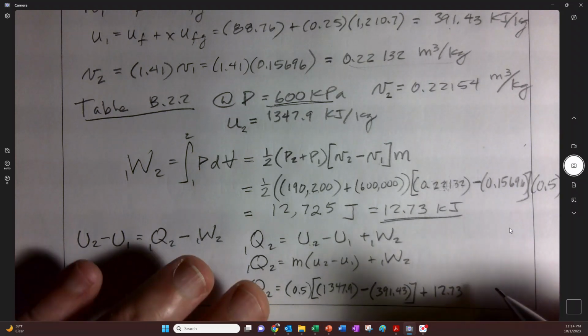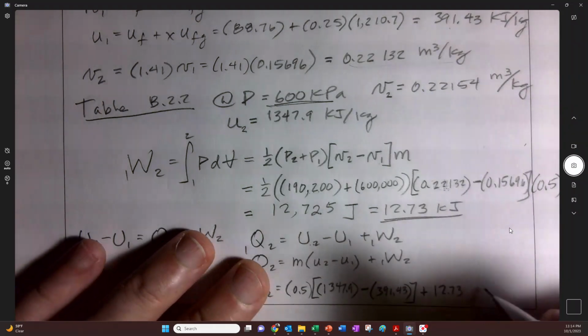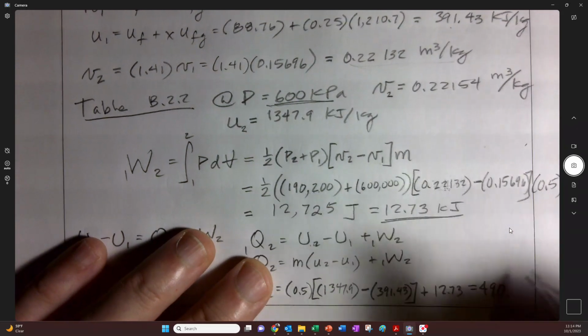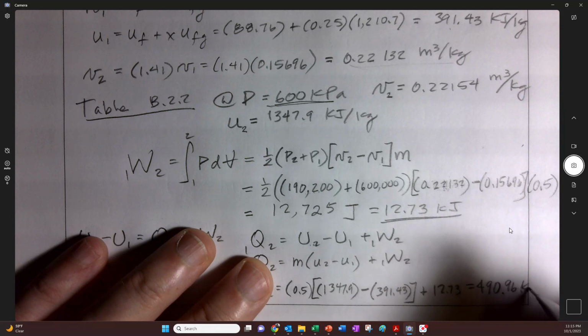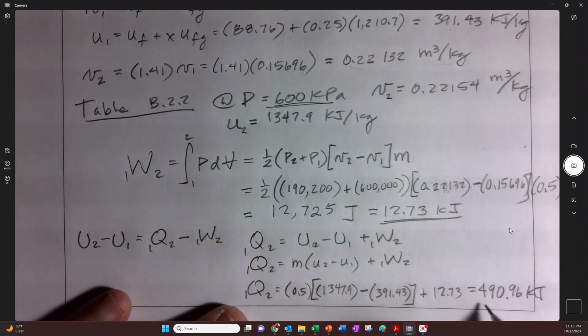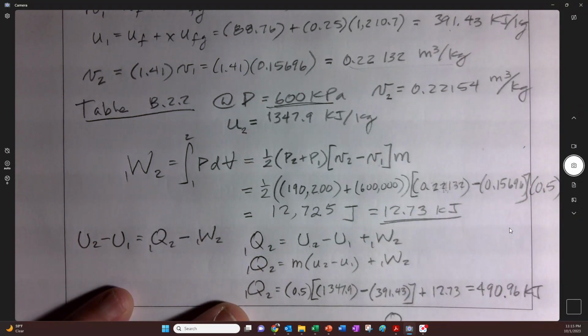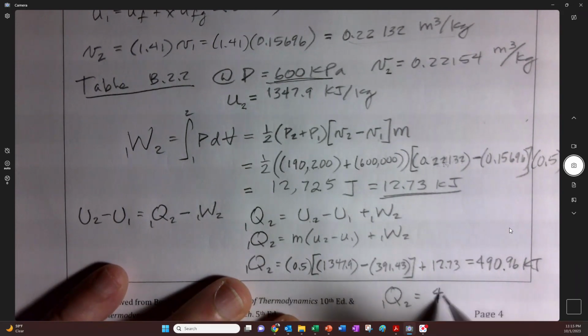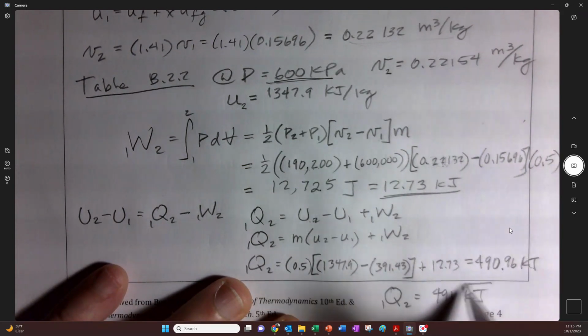Sure. What we end up with is 490.96 kilojoules. That's too many sig figs. 491. I don't have any more room. Q 1 to 2 is 491 kilojoules.